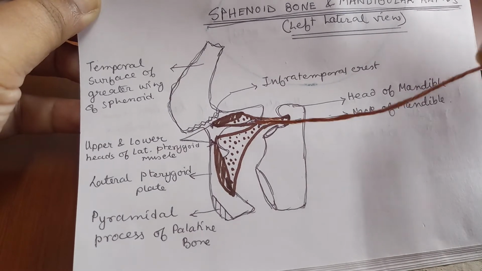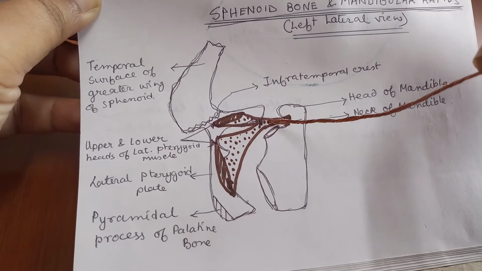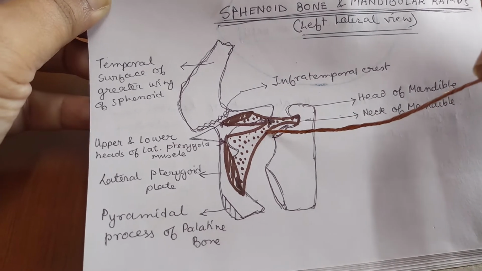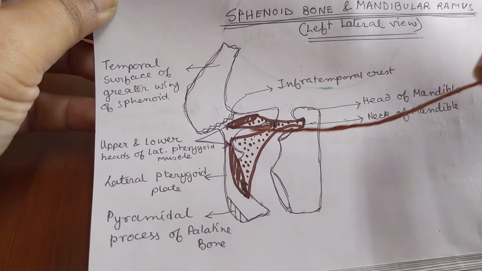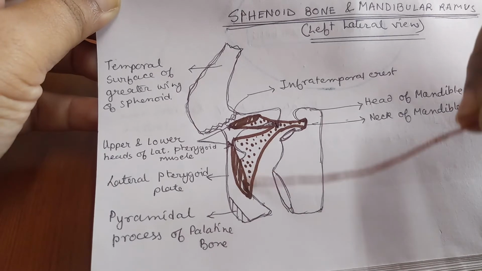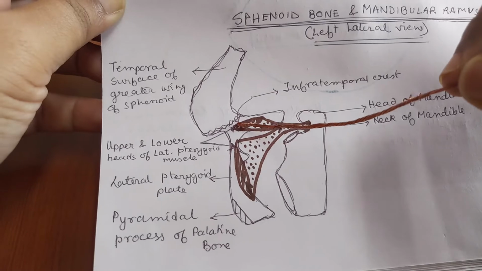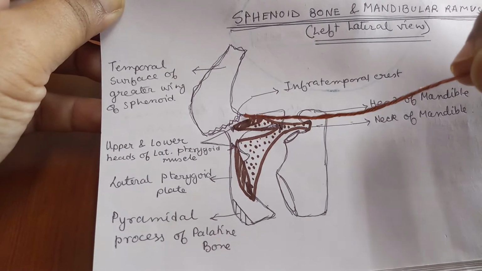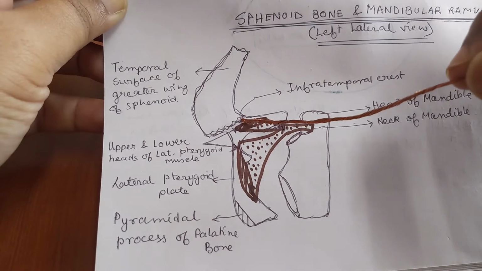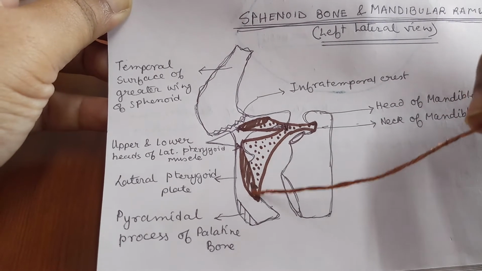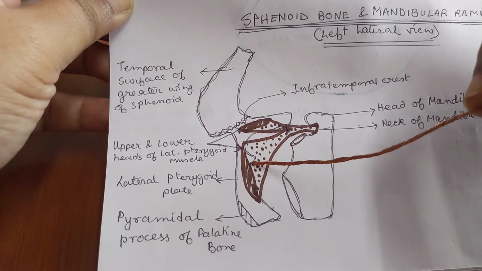And here you can see the two muscle attachments have been shown. This is the upper head of the lateral pterygoid and this one is the lower head of the lateral pterygoid muscle. The lateral pterygoid muscle is attached along the lateral surface and also just underneath the infratemporal crest, that is in the infratemporal fossa region, upper head, and on the lateral surface of the lateral pterygoid plate is the lower head.